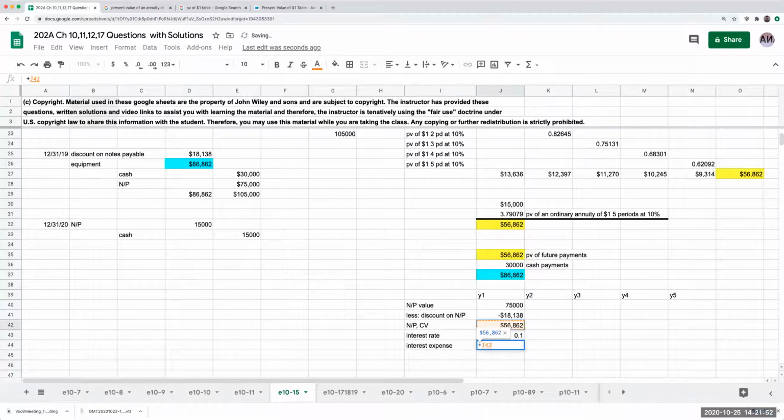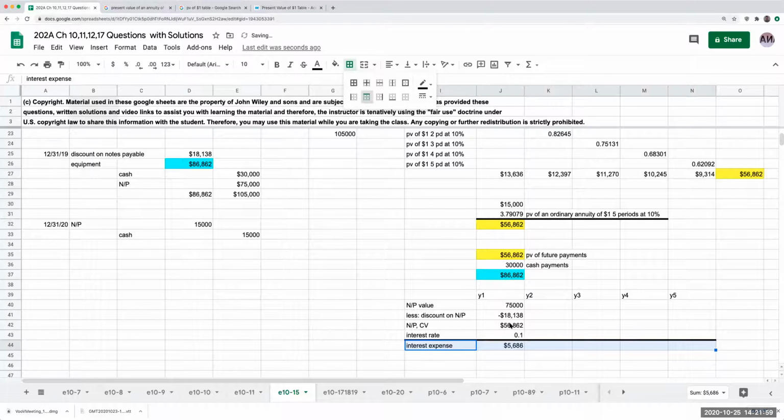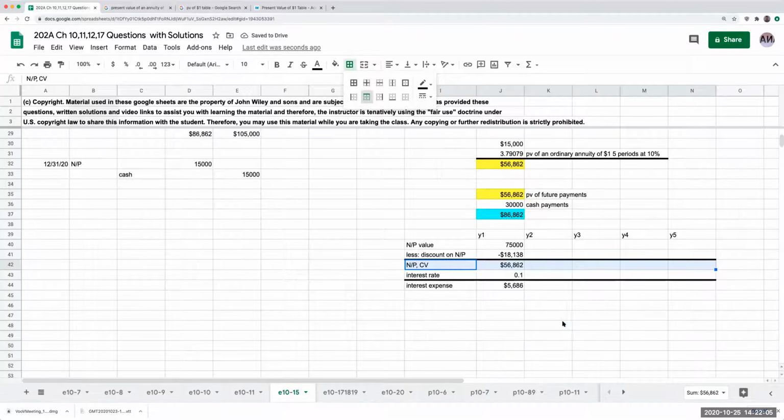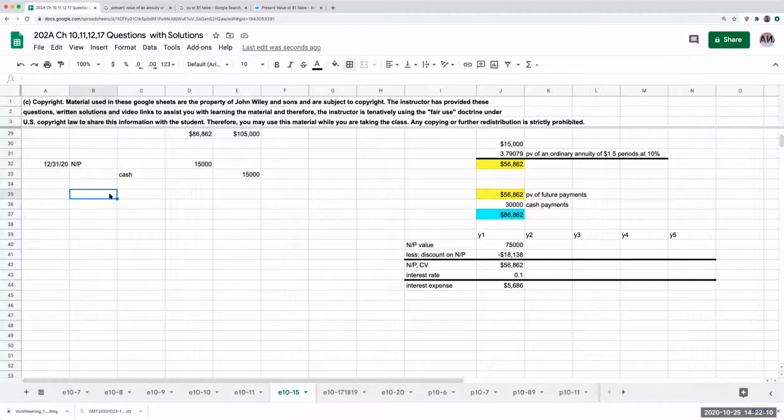So the amount of my interest expense is going to be $5,686. So what happens now? Well, I need to record interest expense of 5,686, and then I'm going to credit my discount on notes payable for 5,686.